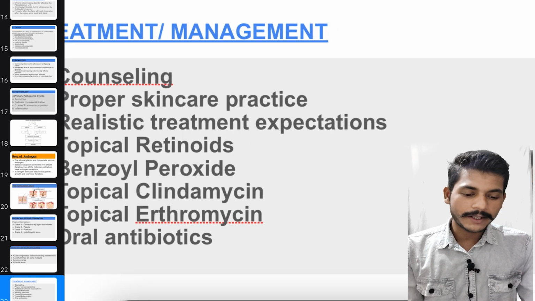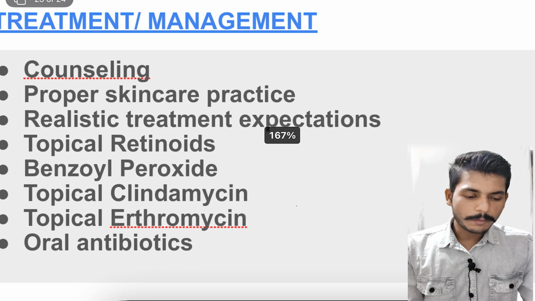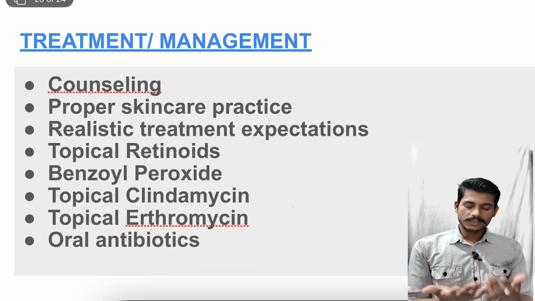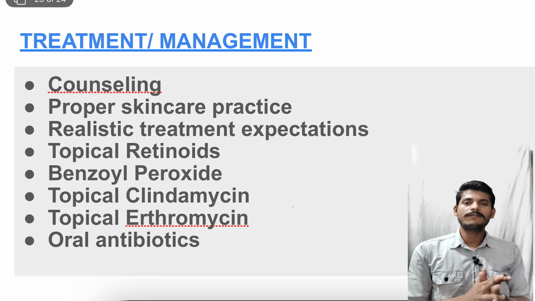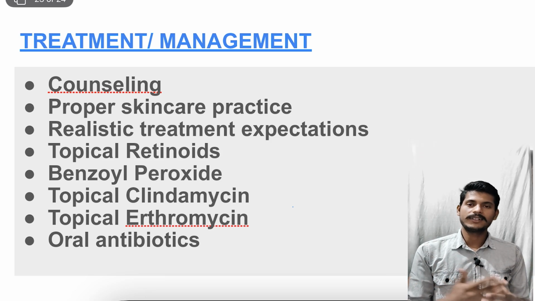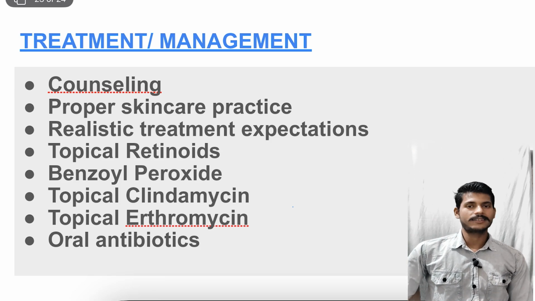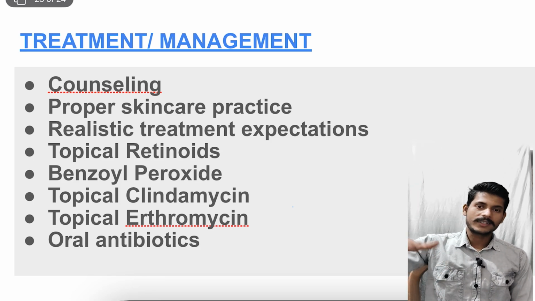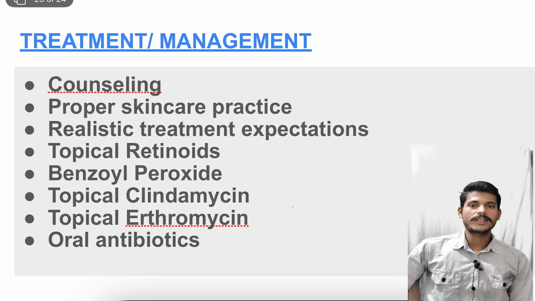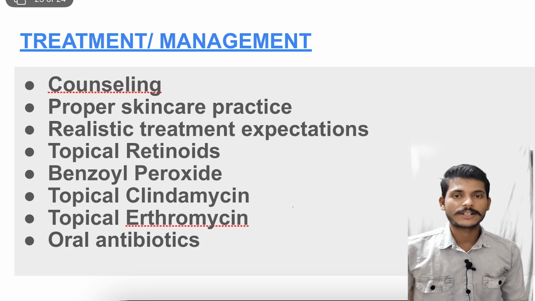Now coming to the treatment. Mainly it's seen that acne vulgaris subsides by itself when you cross the puberty age. There is less secretion of androgen hormones, and the acne goes away naturally.